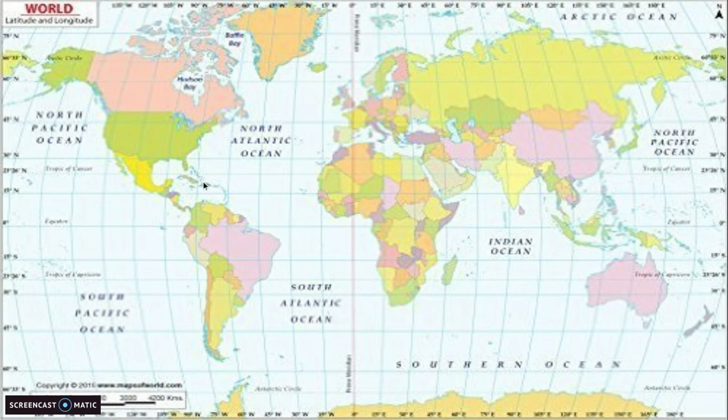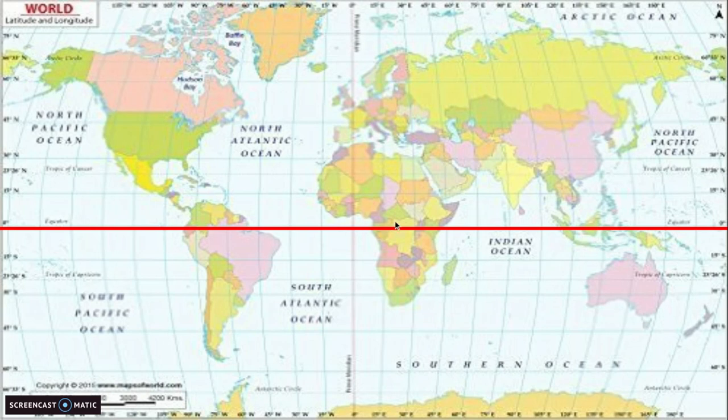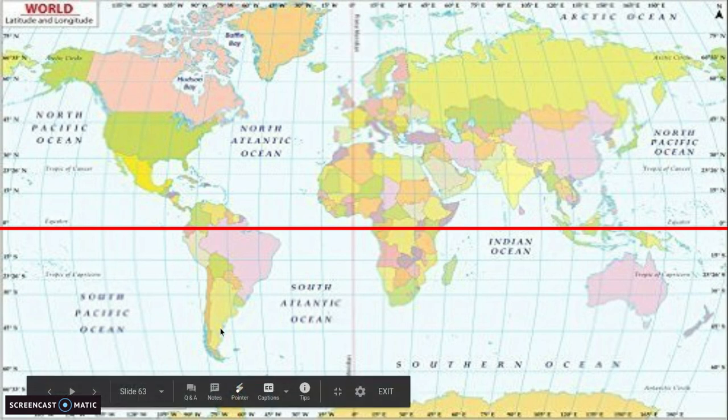So here is a map of Earth, and if I want to know the hemisphere that a city, a state, a country, a continent is located in, the first thing you have to do is find the equator. So I see the equator, and it cuts Earth in half, right? Once you find the equator, you know the northern hemisphere and the southern hemisphere.